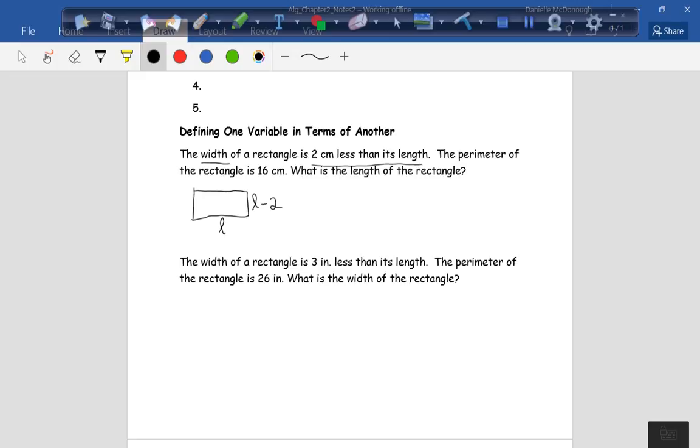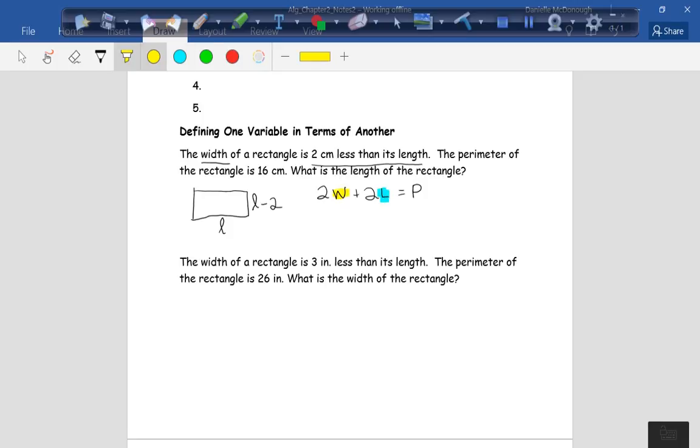And so don't forget, the perimeter is 2 times the width plus 2 times the length, and that's what equals the perimeter. And so what I'm going to do here is plug in for my width and plug in for my length.